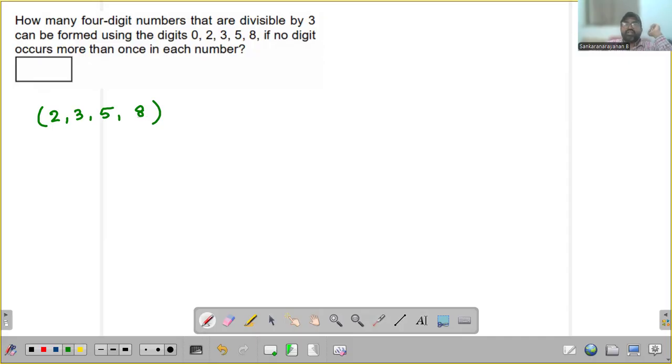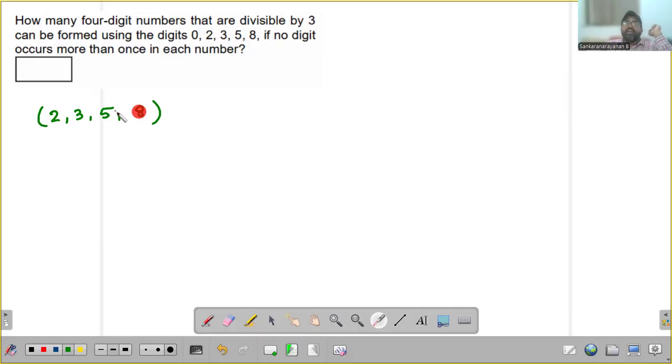Whichever way you arrange them, the total will come as 18 only. So those numbers that you form, say 2, 3, 5, 8, 2, 3, 8, 5, 2, 5, 3, 8, 2, 5, 8, 3, all of them will be definitely divisible by 3. So I got one set here to be arranged, 2, 3, 5, 8.